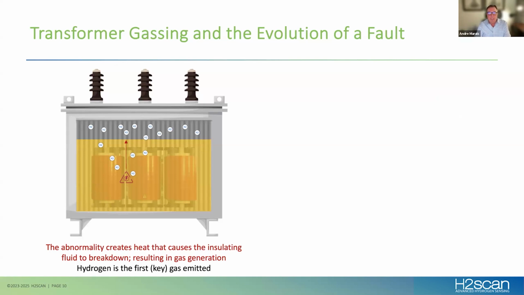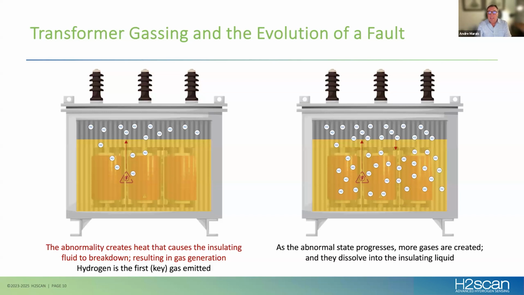So as that abnormality heats up the surrounding oils, that insulating liquid will break down. Different gases are emitted, depending on the temperature of that abnormality. As the abnormal state progresses or is sustained, more gases will be created.